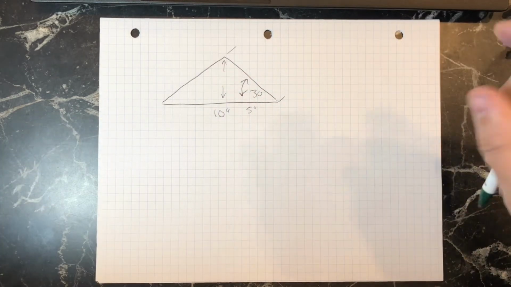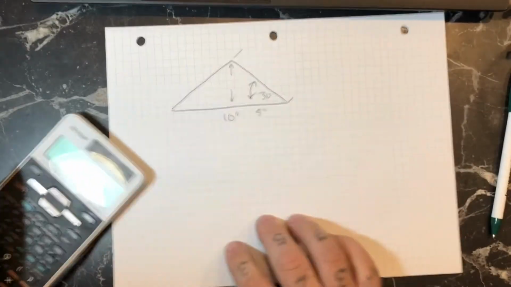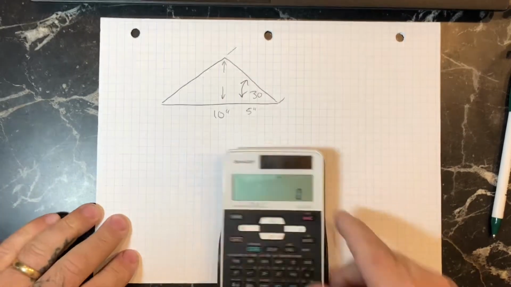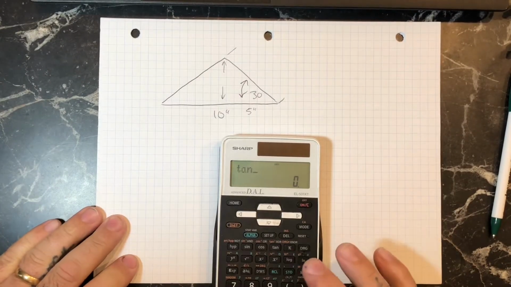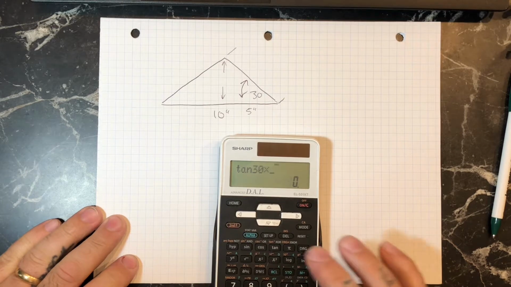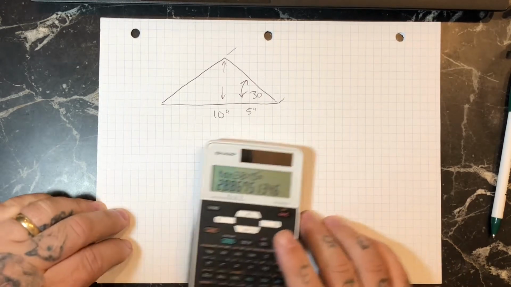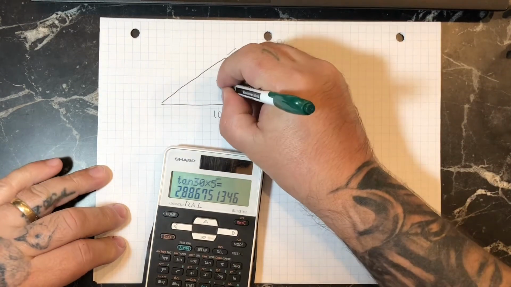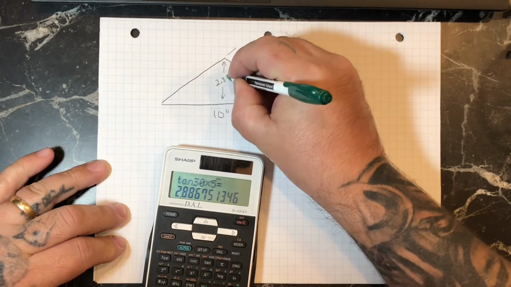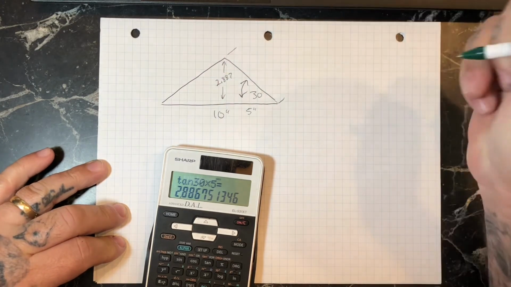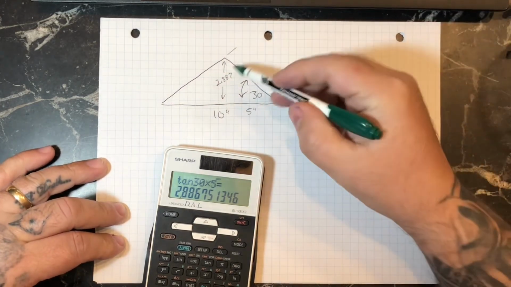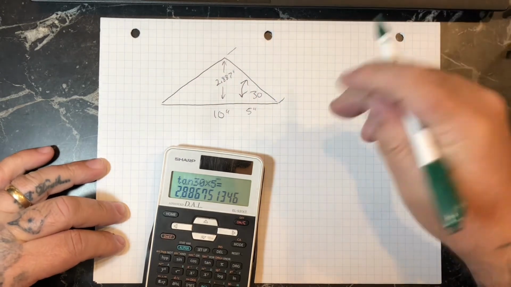That's a tan function. On my calculator, tan 30 times 5 gives me 2.887. Obviously it's more than that, but I'm just going to round this off for ease.